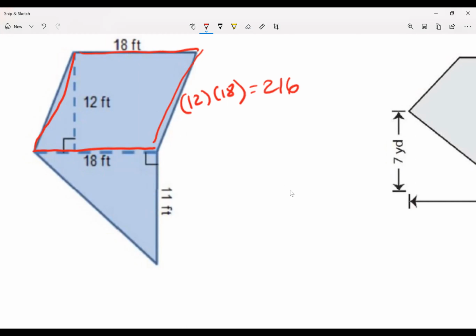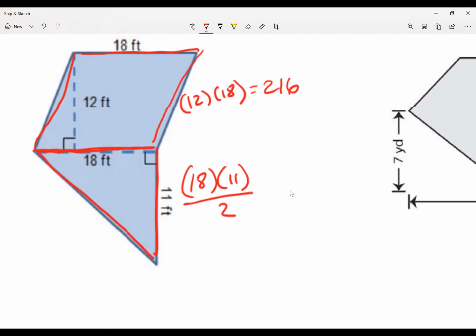Now, if I look at the triangle at the bottom, I know for triangles, to begin with, I have to multiply the two numbers that make the 90-degree symbol. So I have to go 18 times 11, and for triangles, I divide the result by 2.